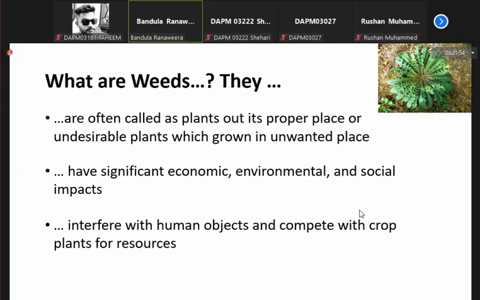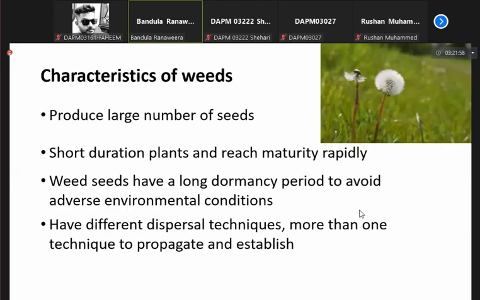To become a weed, or to be established as a weed, they have some specific characteristics.